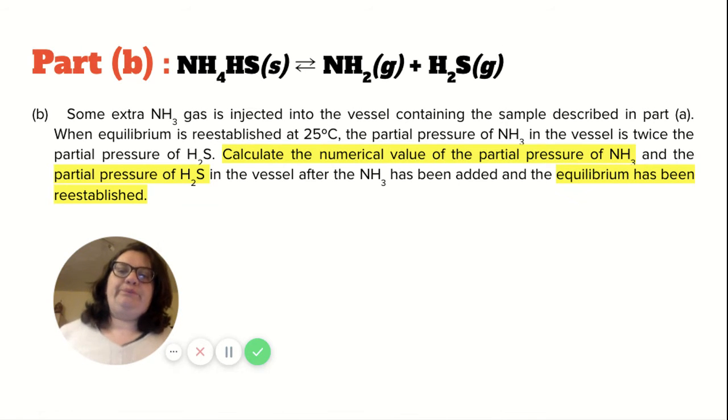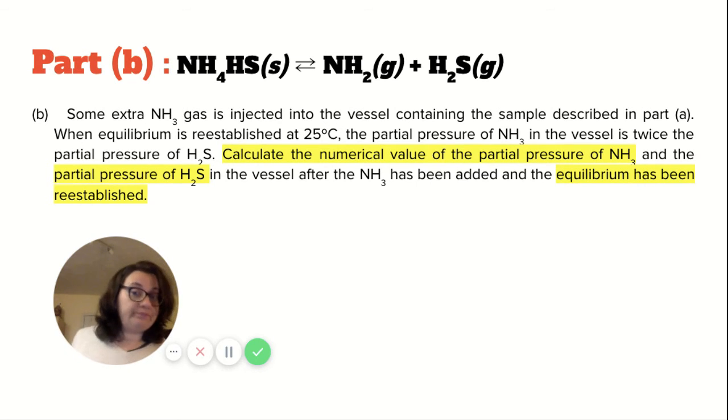Okay, so extra NH3 gas is injected into the vessel containing the sample described in part A. So everything that we dealt with is there. Equilibrium is re-established at 25 degrees Celsius. The partial pressure of NH3 in the vessel is three times the partial pressure of H2S.